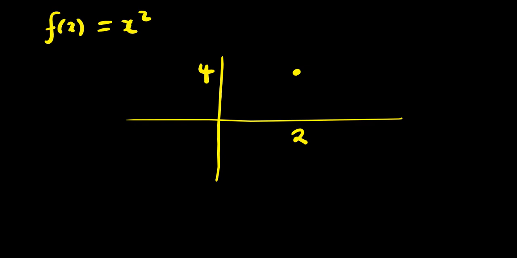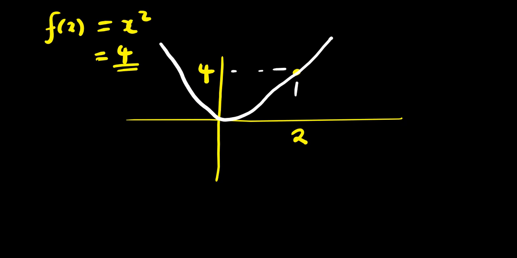So when we put 2 in this function, you know that we are going to get a 4. So this is the point. Now let's say this was a quadratic expression. It passed through 0, 0. This was our graph.